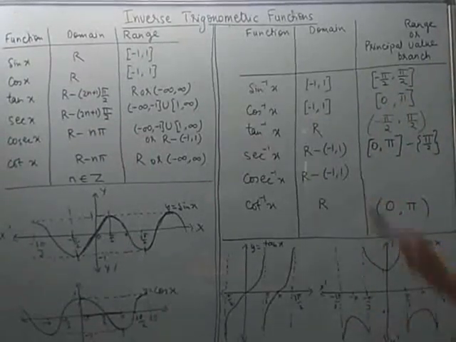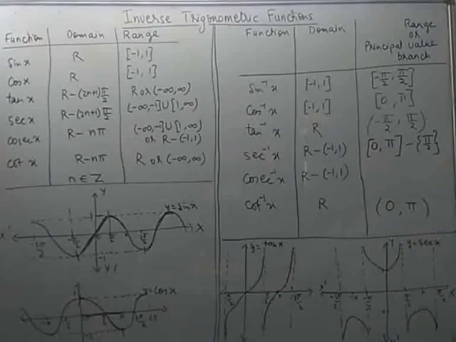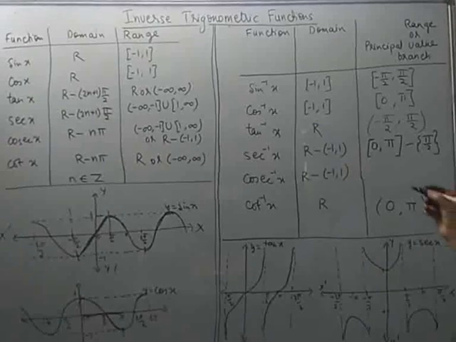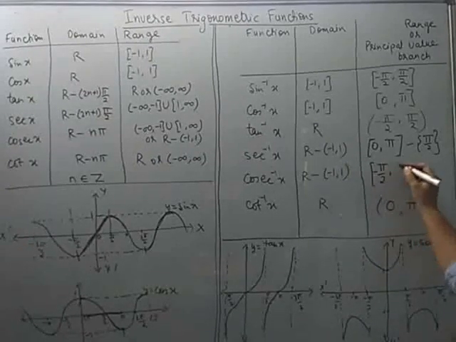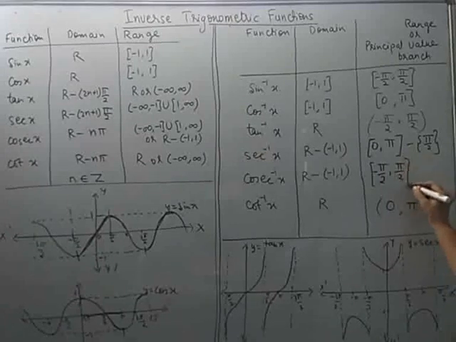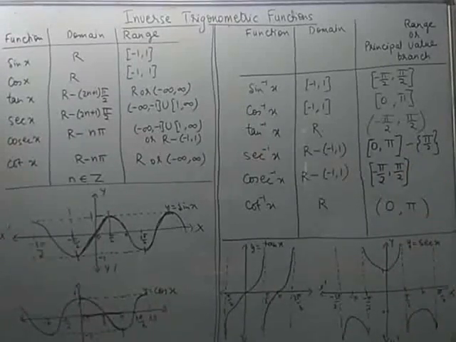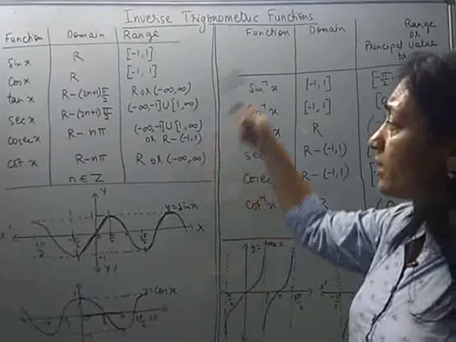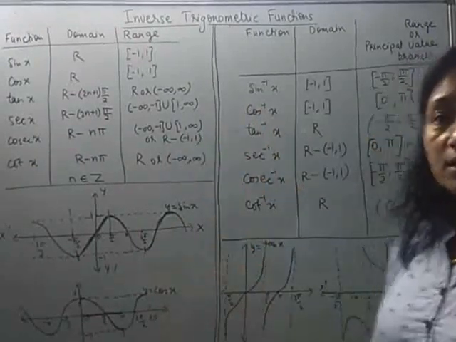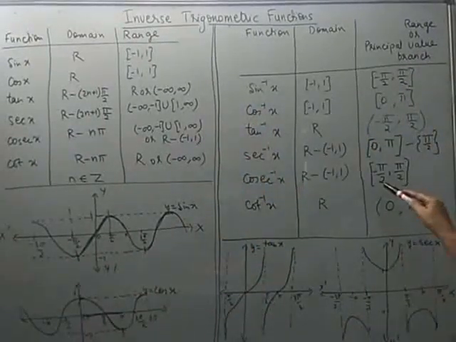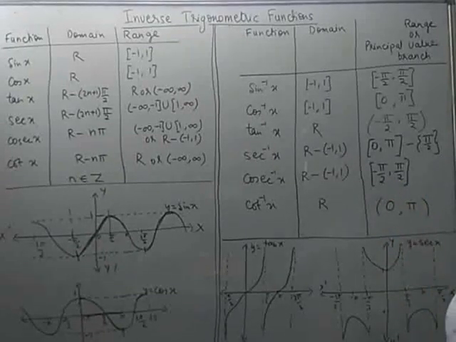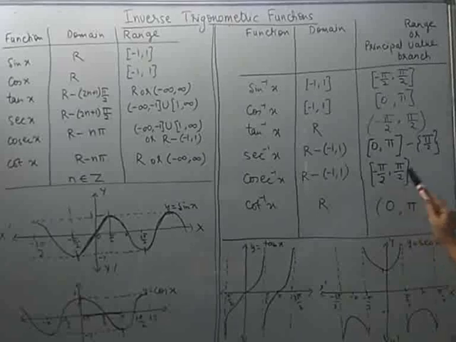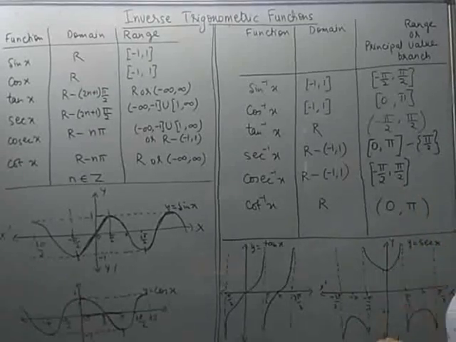Okay. In the same manner, the principal value branch for cosec inverse can be evaluated. You will find cosec x, if we first discuss, it takes all the values which are 1 or greater or minus 1 and smaller. So you will see cosec inverse x will become minus 1 at minus pi by 2. And it will become plus 1 at pi by 2.